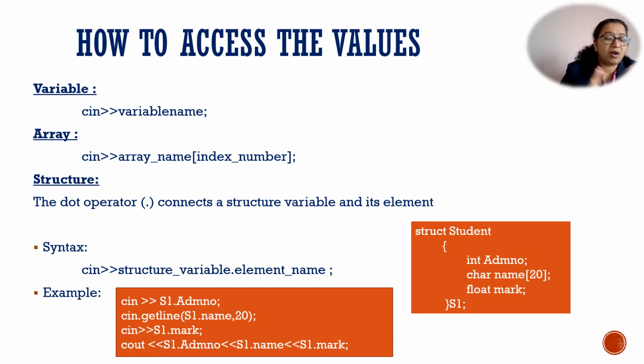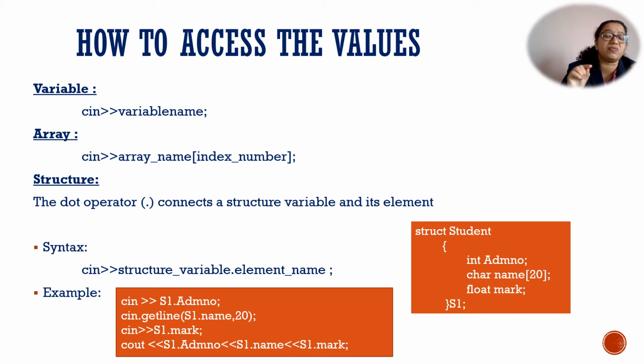If we don't put s1 and write only admission number, what will happen? The compiler will search whether any independent variable admno is there in the program or not. Is it there? No. So admno is the column name or element name of s1. The compiler knows only s1 now. So admno is a subpart of s1.